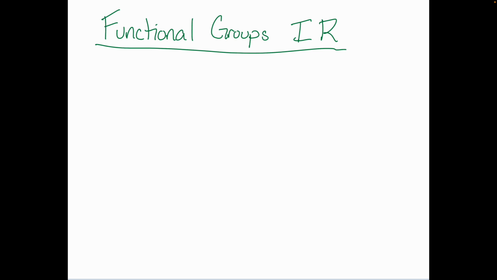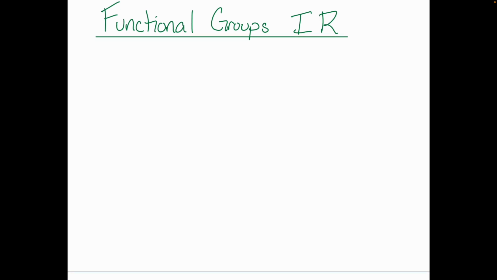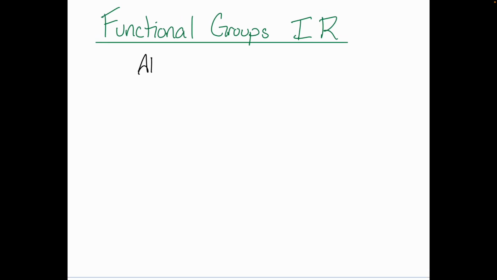What we call your IR active functional groups. Okay, so we talked about those different CH bonds. So we will get a different signal for our alkanes, alkenes, or alkynes. Okay.